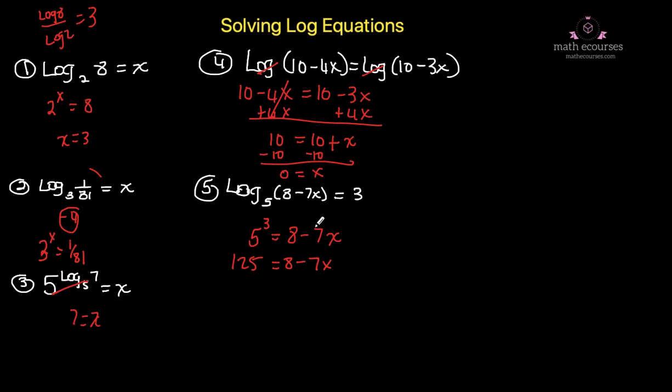So if I move what's around the x first, you need to subtract 8. 125 minus 8 is 117. Drop that negative 7x. Divide by negative 7. And this is simplified, so you can leave your answer like that.